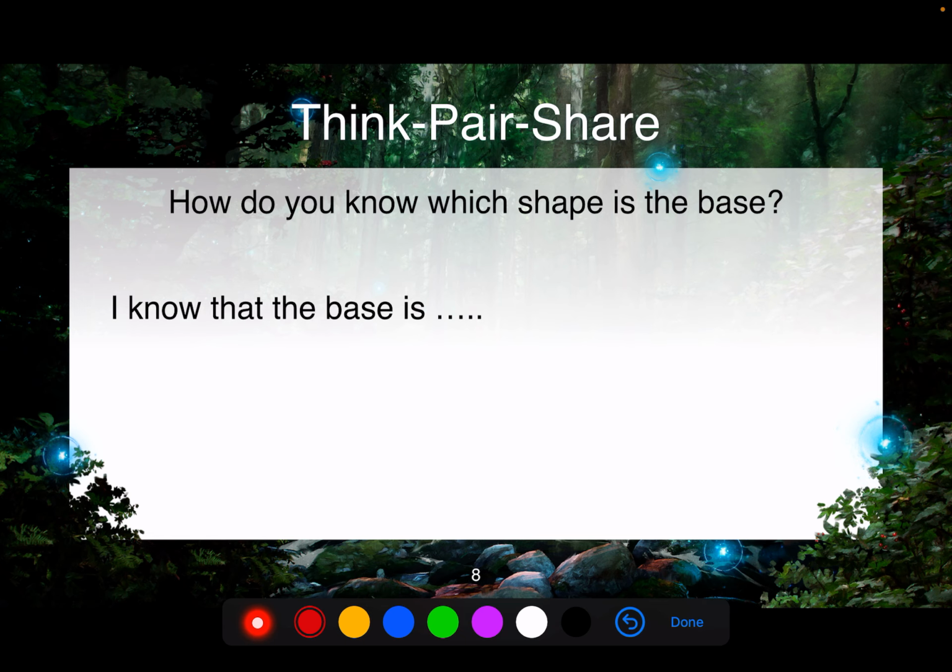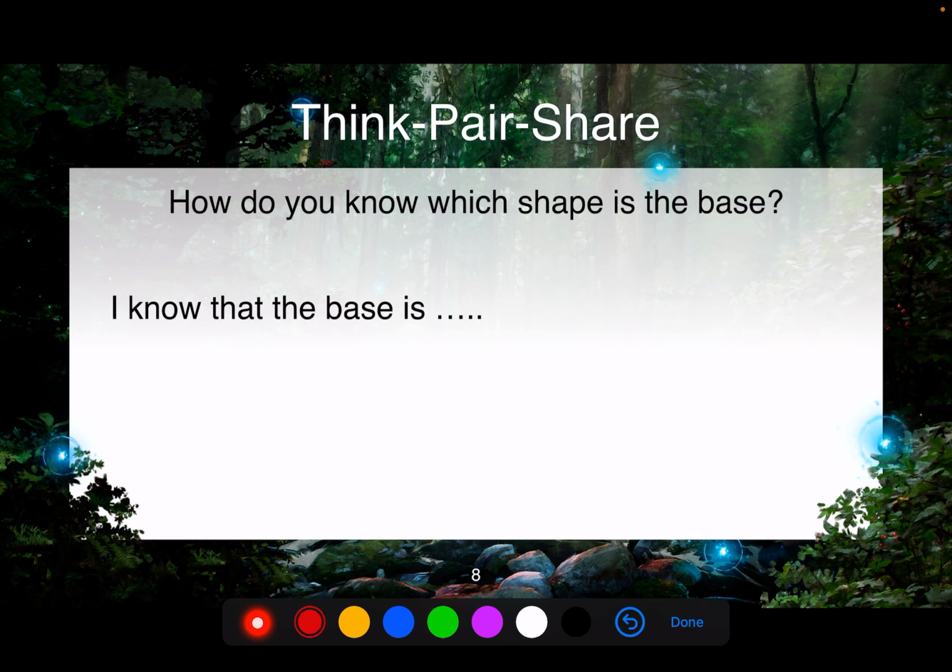All right, so hopefully you've had time to think about it, maybe even discuss with your friend or your partner. So for example, I would know that the base is a rectangle because my shape is called a rectangular prism. That tells me that the base is a rectangle.